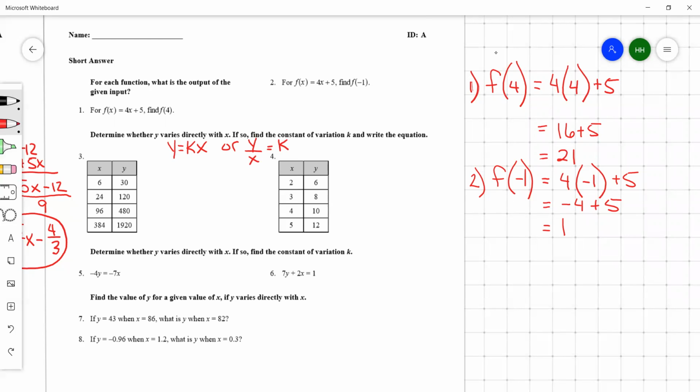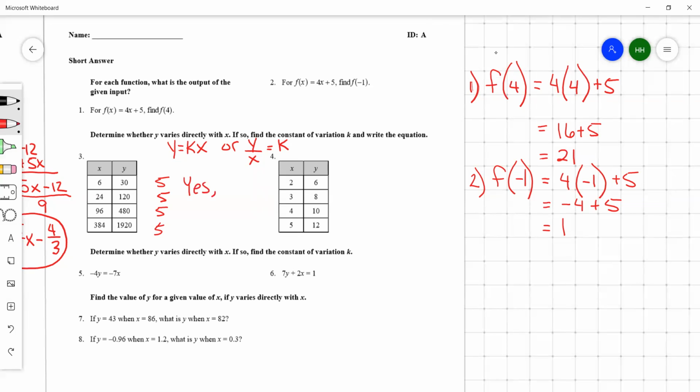So 30 divided by 6, that's 5. 120 divided by 24, that's 5. 480 divided by 96, that's 5. And I would check them all, guys. 1920 divided by 384. Nope, that equals 5 too. So determine whether y varies directly with x. So this would be yes.